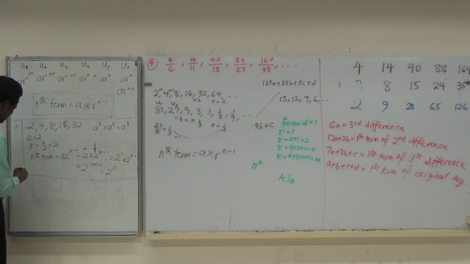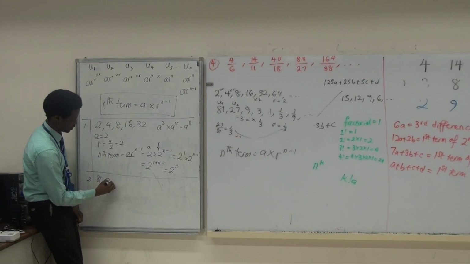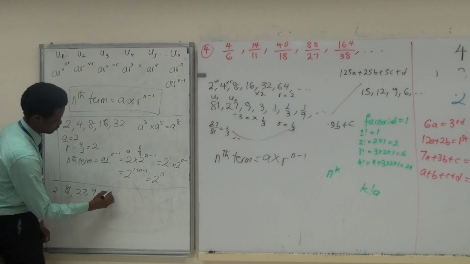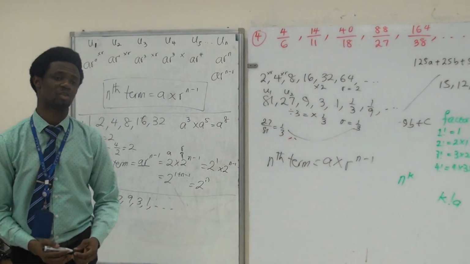Okay, let's take the second one. 81, 27, 9, 3, 1, like that. Can I ask you to try this, please?